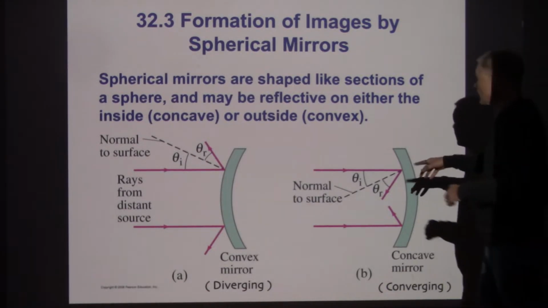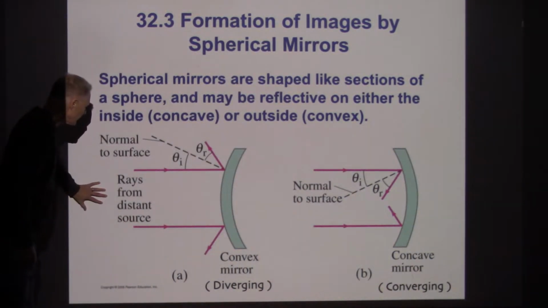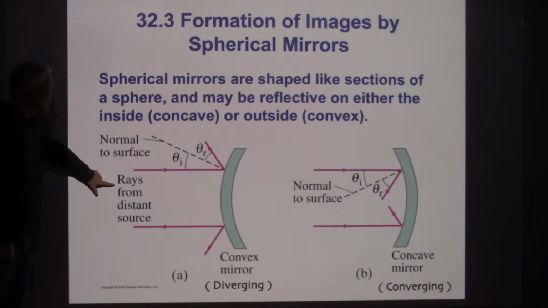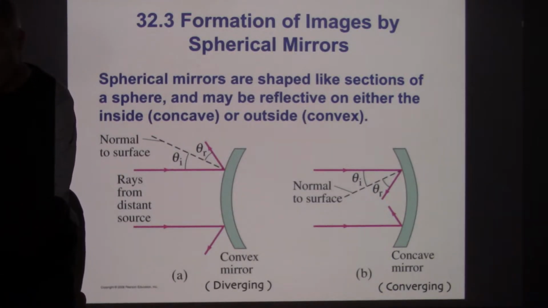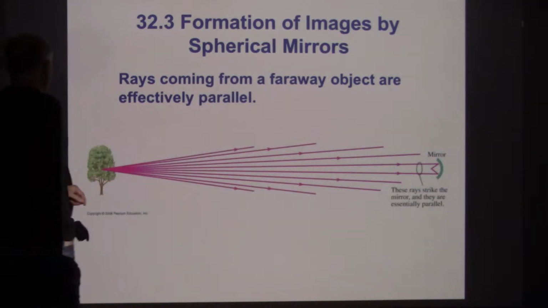All right, and again, the way we're going to define this is having light come in that is parallel. Light coming in parallel is equivalent to a source or an object that is far, far, far away. We say that it's effectively infinitely far away; in that limit the light comes in parallel. Like this tree, right? So here is the tree.